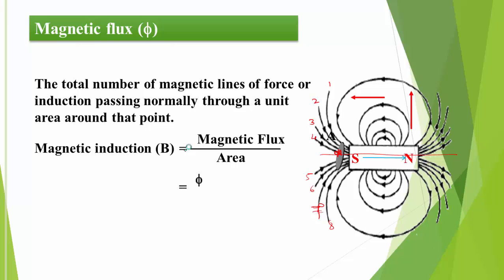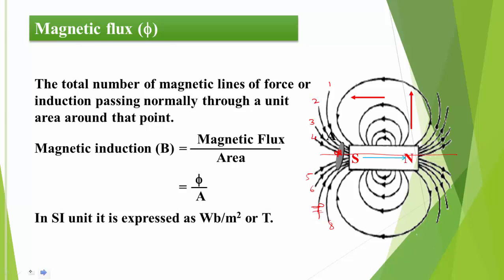Magnetic flux is mathematically denoted by the symbol phi and area by the symbol A. B is equal to phi divided by A. Its SI unit is expressed in Weber per meter square, or Tesla. The SI unit of magnetic induction is Weber per meter square or Tesla.